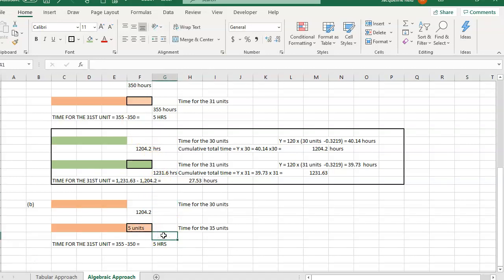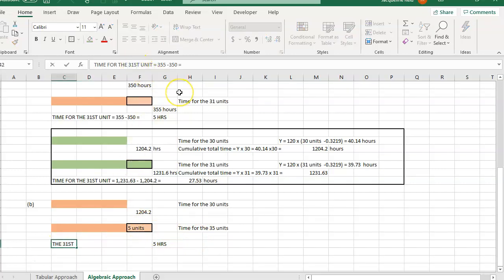So we now need to find a new formula, and from that a new cumulative total time for those 35 units so that we can subtract to get the time for the 5 units in July.